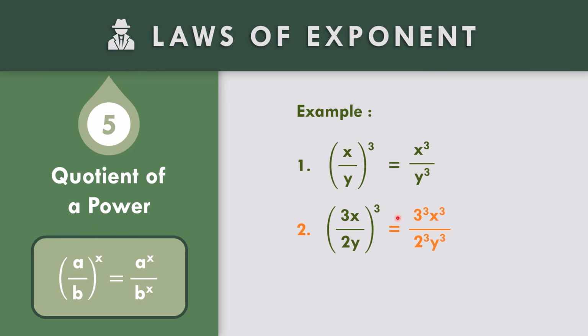Y, 1 times 3, that is y cubed. And we need to distribute the exponent 3. So 3 times 3, 9 times 3, that is 27. Copy x cubed. While here, 2 times 2, 4 times 2, that is 8. Copy y cubed. So the final answer is 27x cubed over 8y cubed.